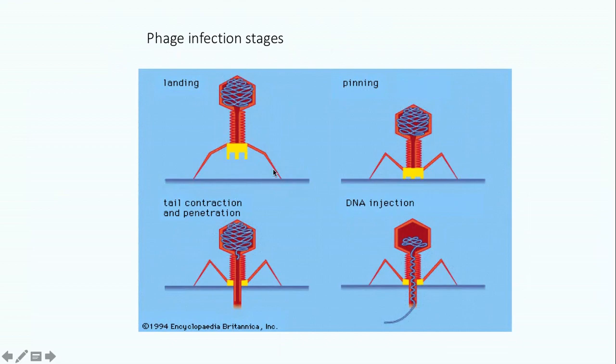It attaches itself with the help of the basal plate, the spikes, and the tail fibers in the case of T phages, and it pins itself or adsorbs onto the surface of the bacterial cell. Then slowly it starts penetrating the surface membranes of the bacteria and injects the viral DNA into the bacterial cell. Let's see what happens once the viral DNA enters the bacterial cell.